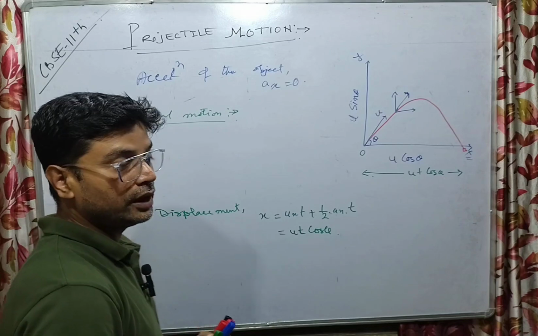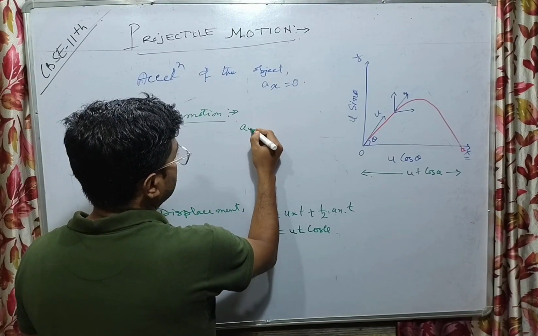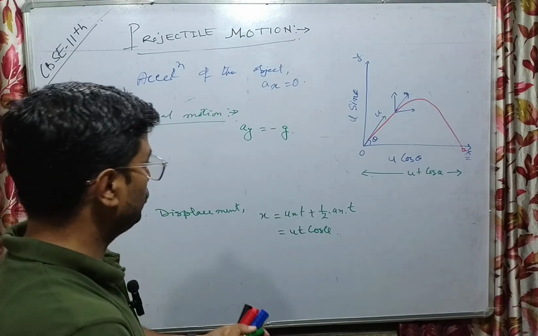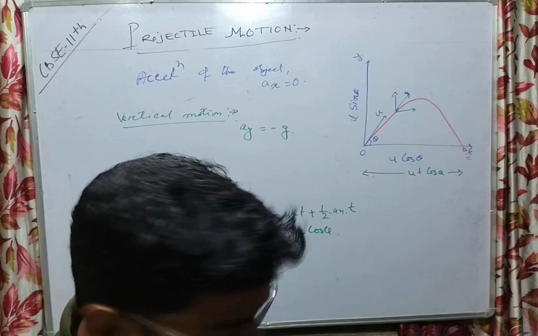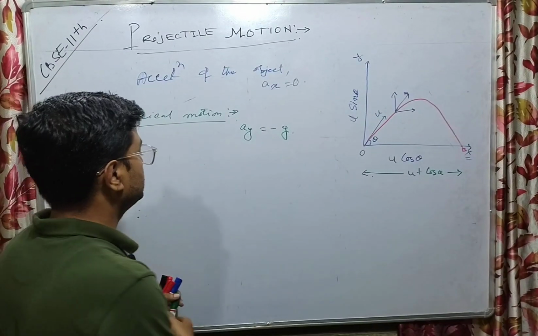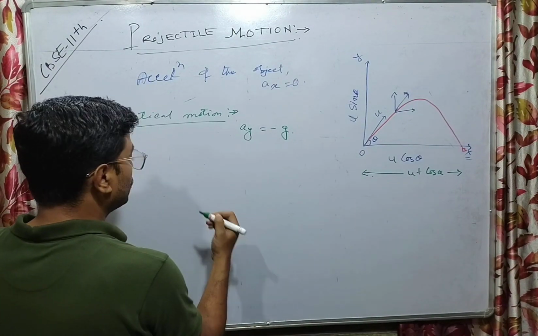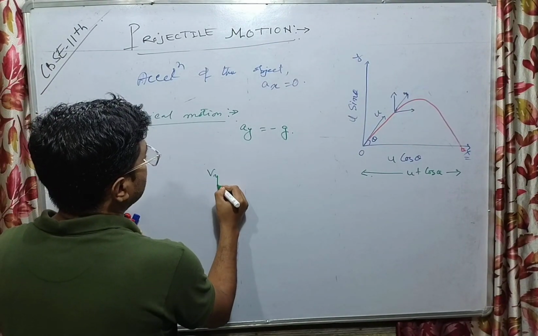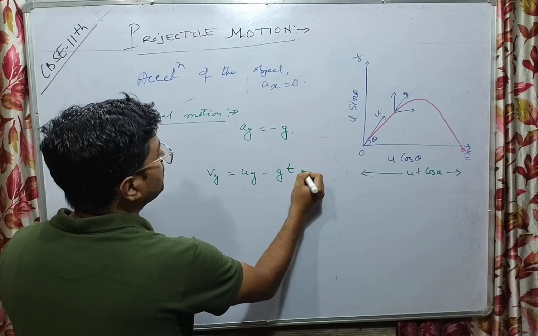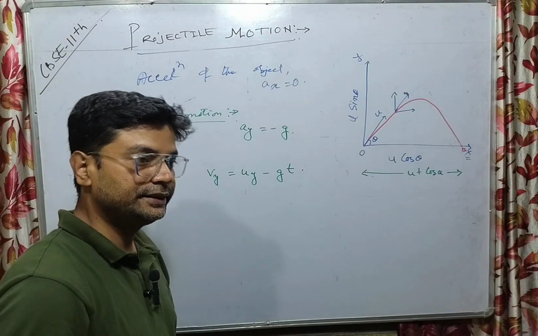The acceleration is opposite to the motion of the object, that is, ay should be minus g. Now, using the laws of kinematics, in this case I will have vy is equal to uy minus gt.